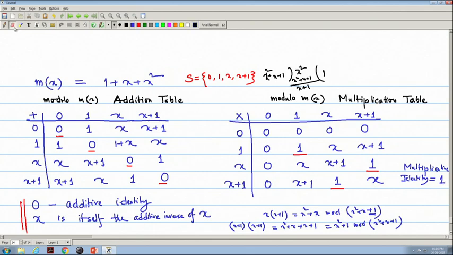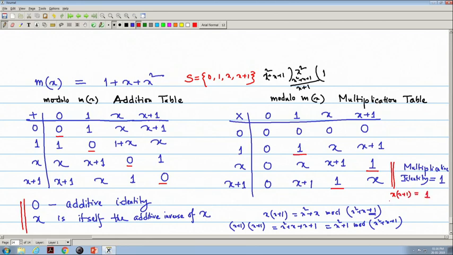So, I have multiplicative inverse for all elements other than 0, because for 1 multiplicative inverse is 1, for x multiplicative inverse is x plus 1, for x plus 1 multiplicative inverse is x, because x into x plus 1 equal to 1.